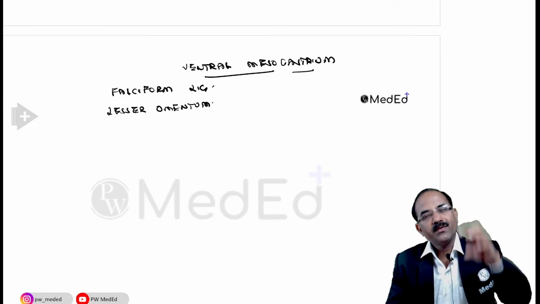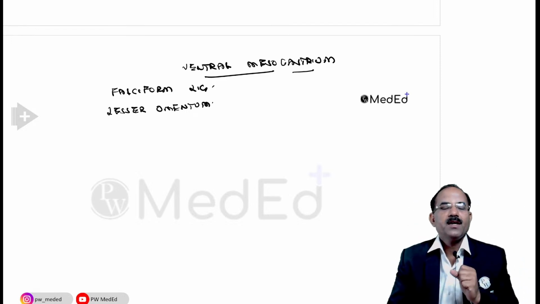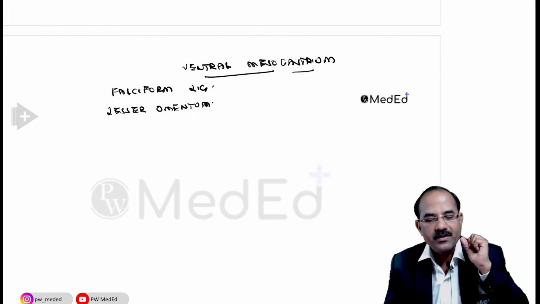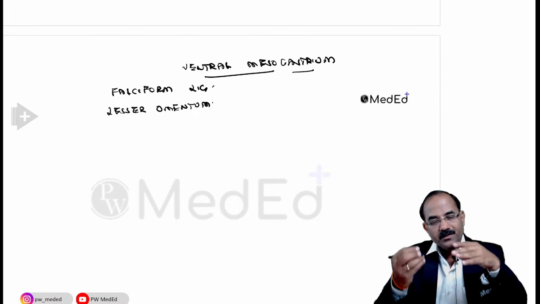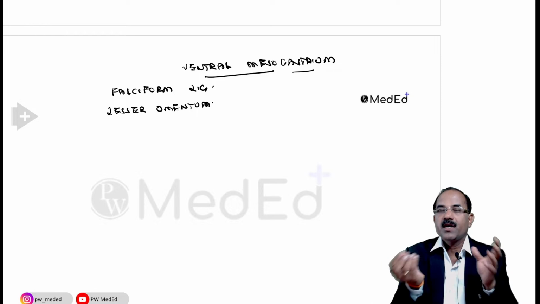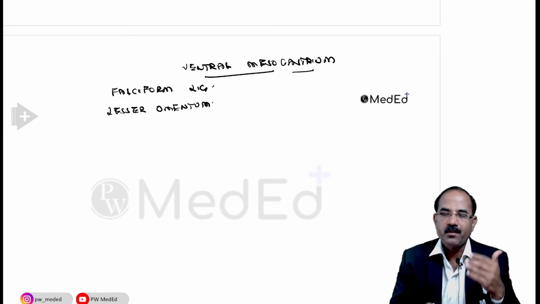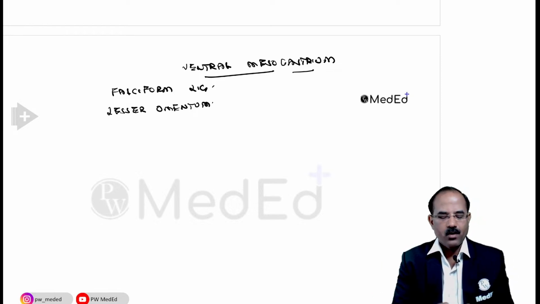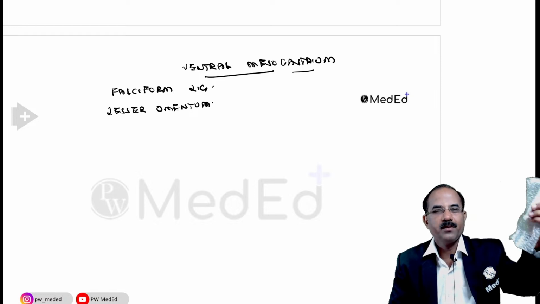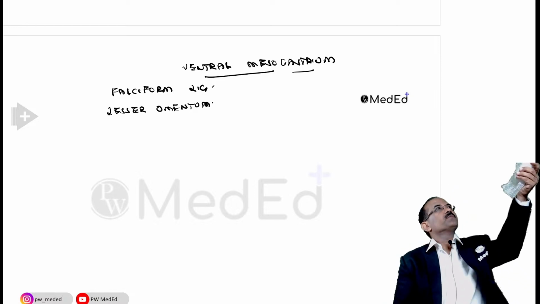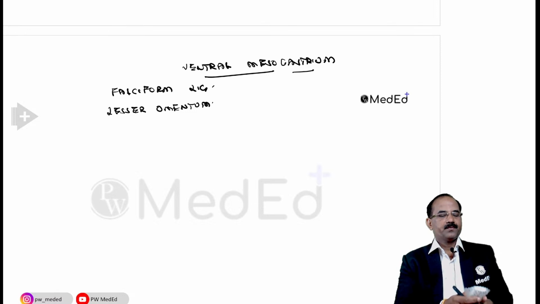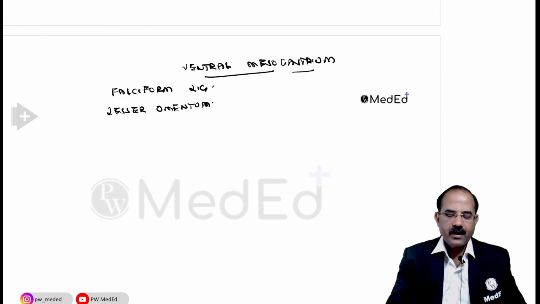The liver is formed in the ventral mesogastrium, and because the liver develops in the ventral mesogastrium, all the ligaments of the liver are derived from the ventral mesogastrium.